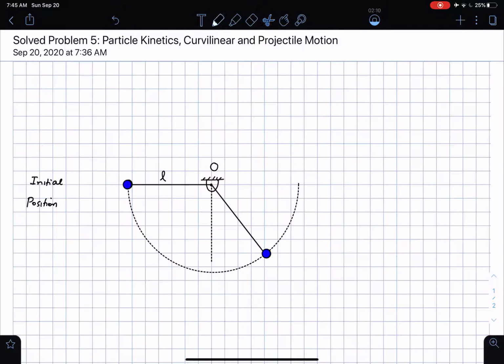So here is the angle theta. Let's call the bob the point P.